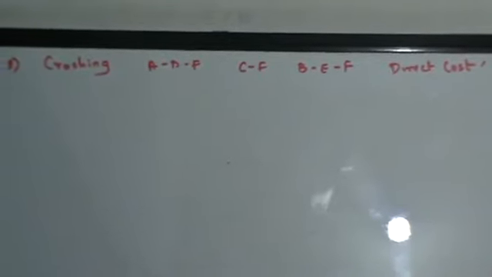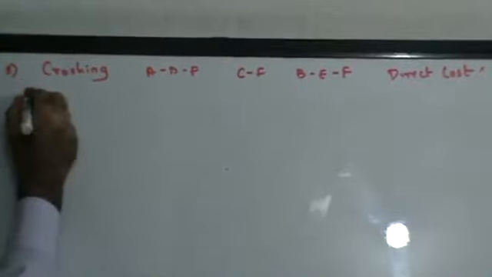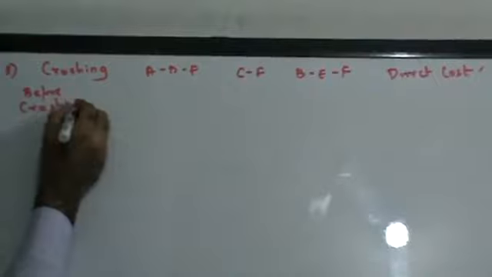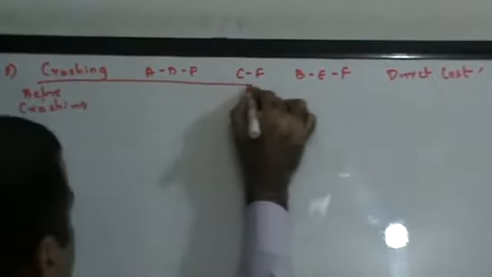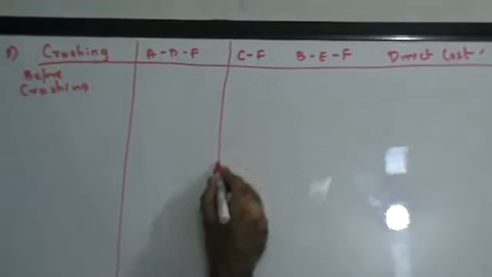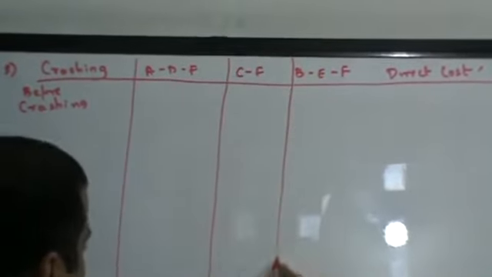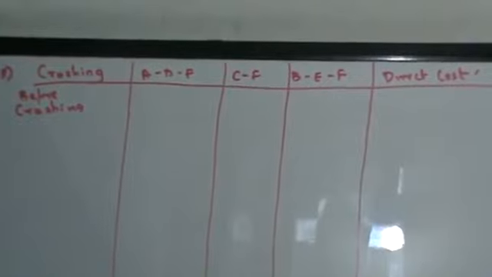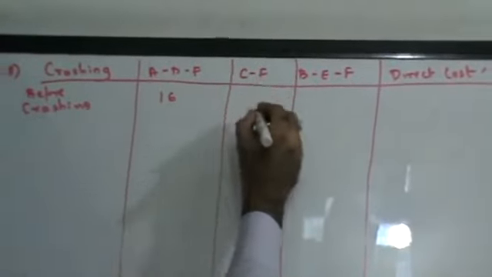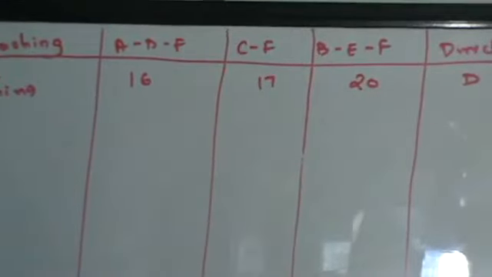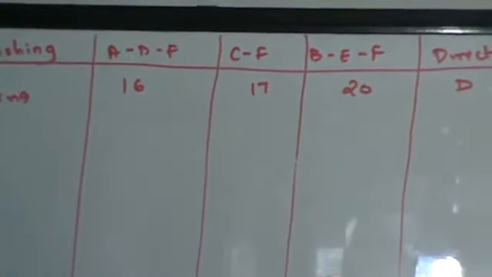So before crashing, path ADF is 16 days, CF is 17 days, BEF is 20 days, and direct cost I have assumed as D.